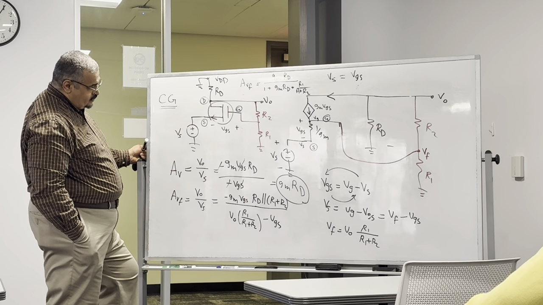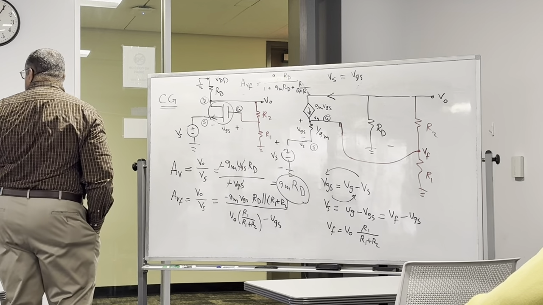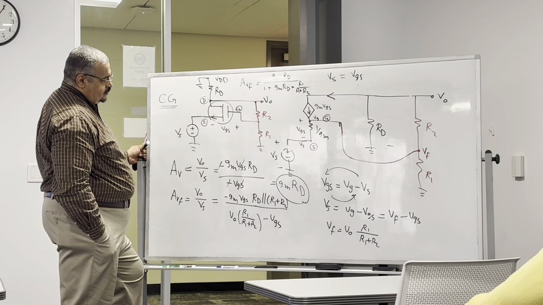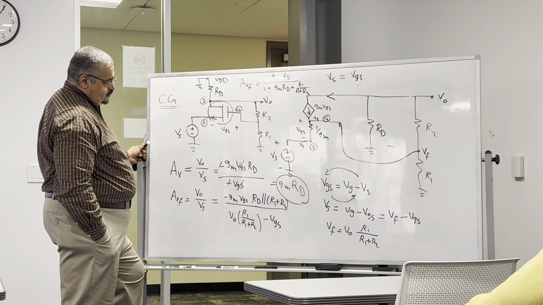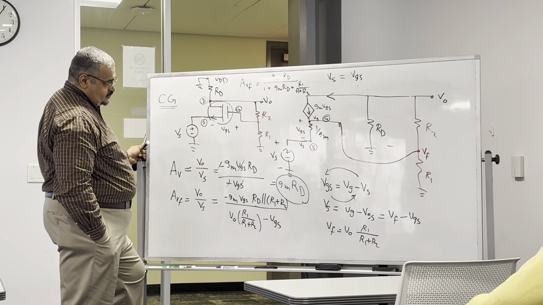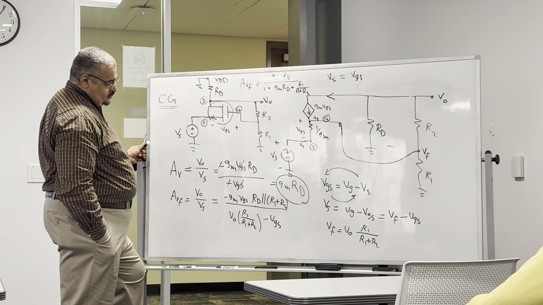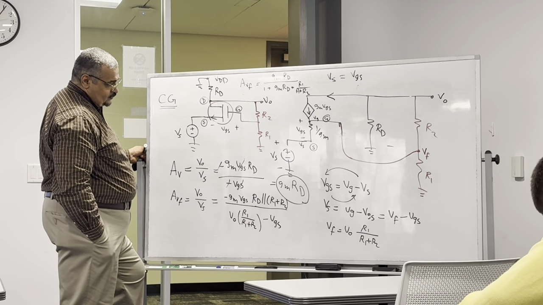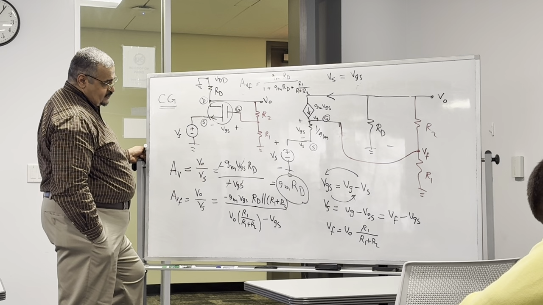VS is VG minus VGS. That's correct. And VG is V feedback minus VGS.